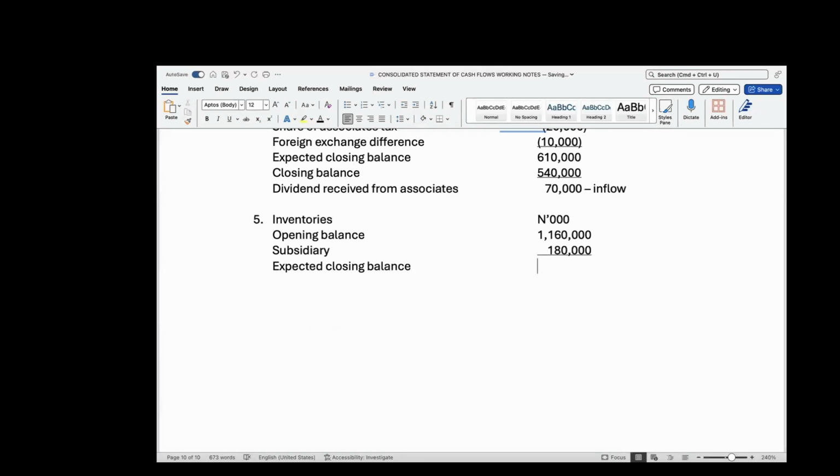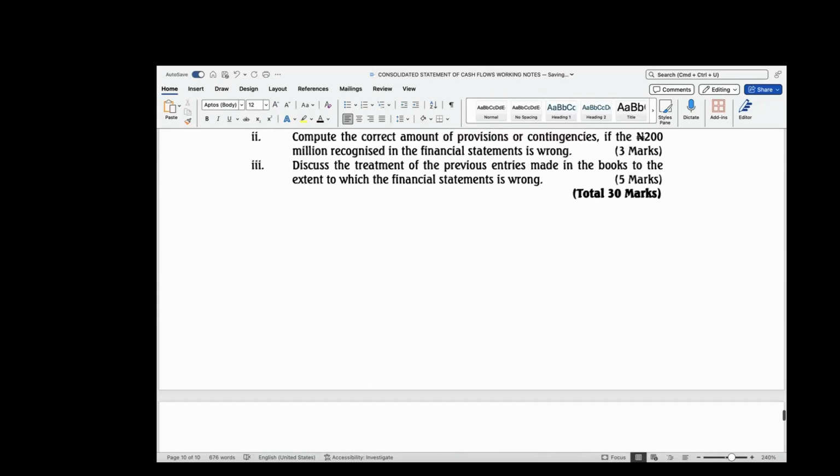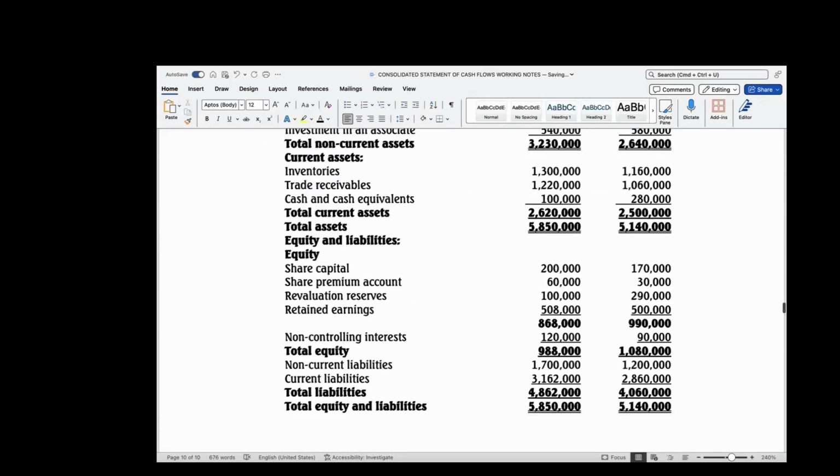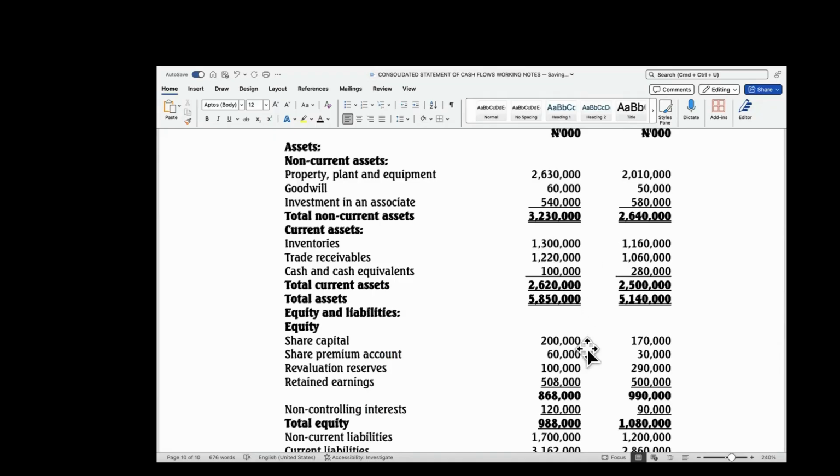How much is that? 1,340,000. And what's the closing balance of my inventory? 1,300.